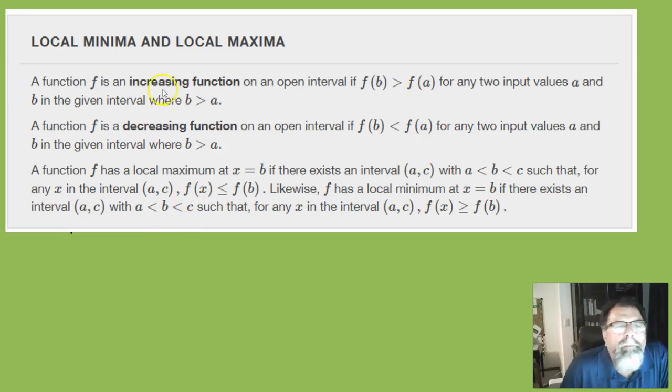Here's the more formal definition of increasing, decreasing, local minimum, and local maximum. A function f is an increasing function on an open interval, so we're talking about the x values, if f of b, that's a y value, is greater than f of a for any two input values a and b in the given interval where b is greater than a.